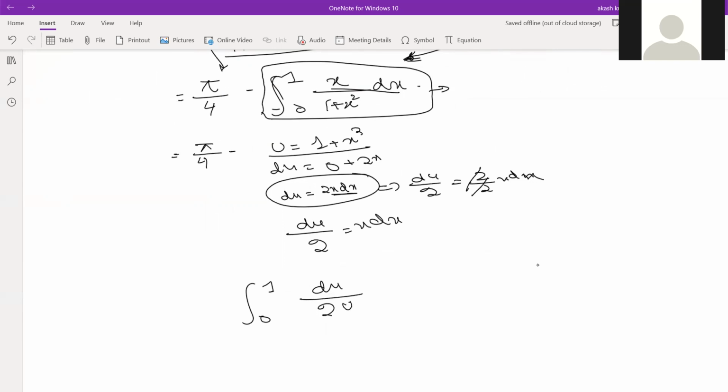Is it clear? Everything was okay, but after we finished everything below here, I didn't understand. Okay, because from now onwards we have applied integration by substitution. We will be studying this topic later after we complete integration by parts.